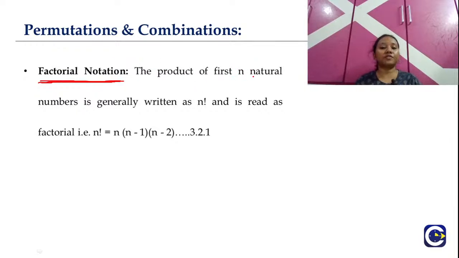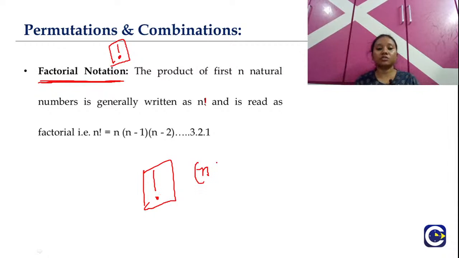So the product of first n natural numbers is generally written as n factorial. So this is the symbol or the representation which we'll be using for factorial. So when we do the product of first n natural numbers, that is nothing but n into n minus 1 into n minus 2 into, so natural numbers start from 1, so until 1.